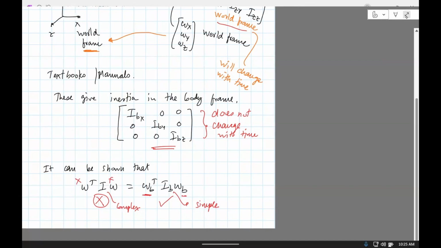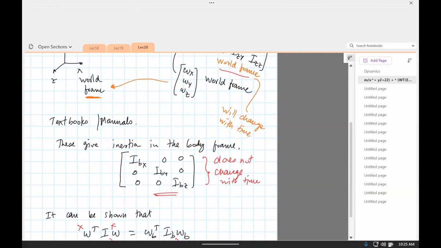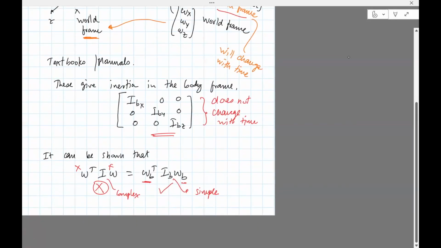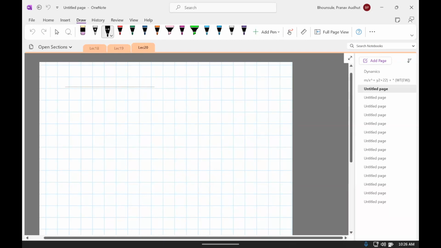Now that we have this, we can write omega b for our angular velocity and not world frame velocity. So we know the relation between omega b and phi dot, theta dot, psi dot. I'll write it down in just a bit.